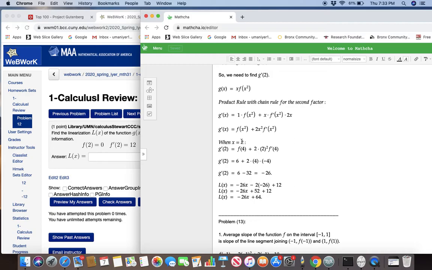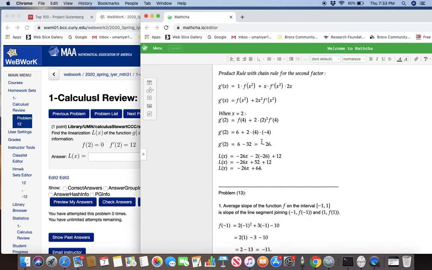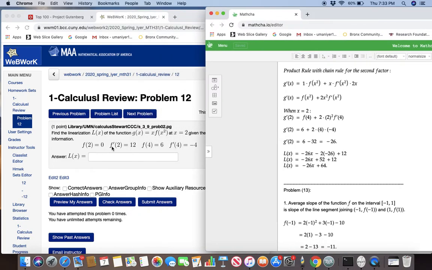Now my point is x equals 2. So g prime at 2 is f at 4, since 2 squared is 4, plus 2 times 2 squared, which is 4, times f prime at 4. My problem says f at 4 is 6, and f prime at 4 is negative 4.